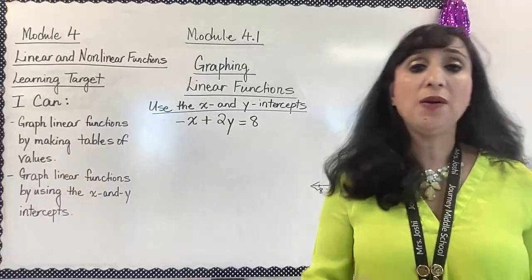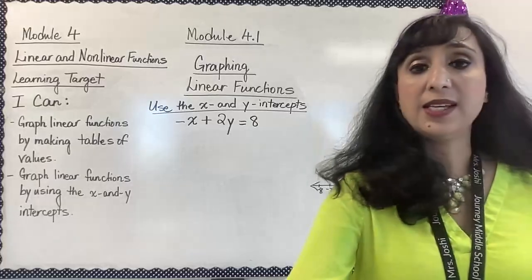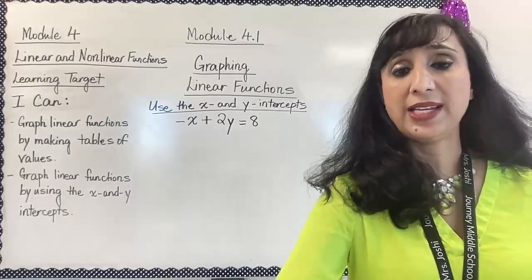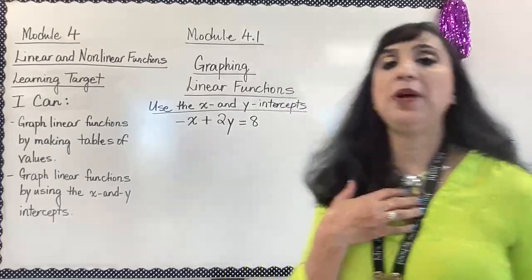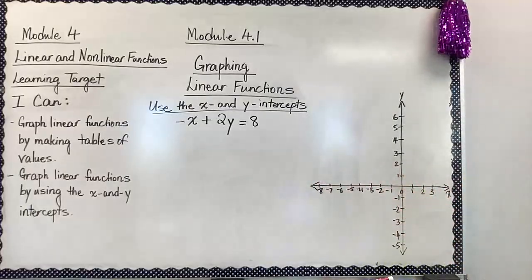So let's look at the first question that I have put on the board, and it is negative x plus 2y is equal to 8. So in order for me to find the intercepts, when I'm trying to find the x-intercept, we are going to let y be equal to 0.